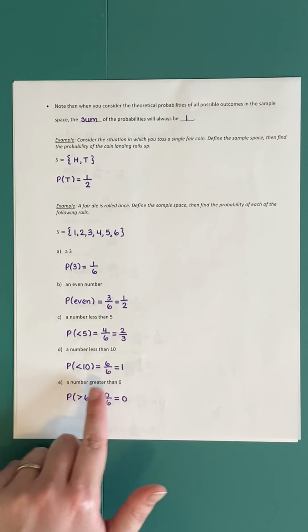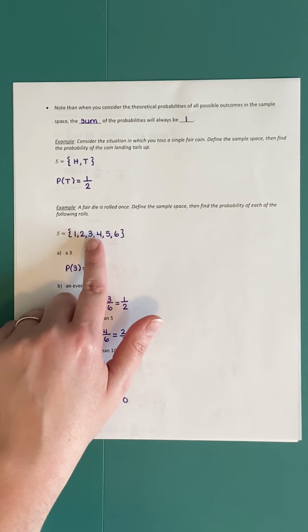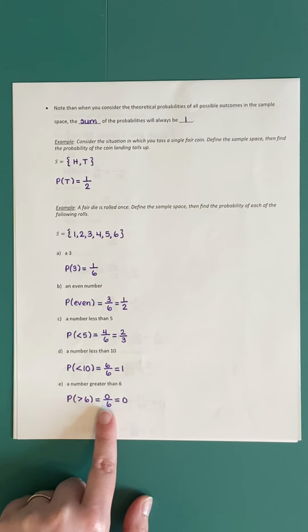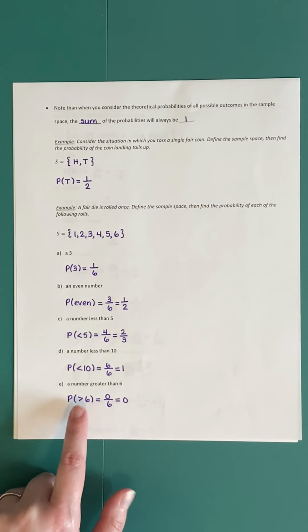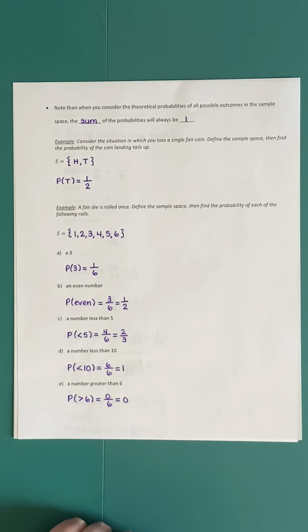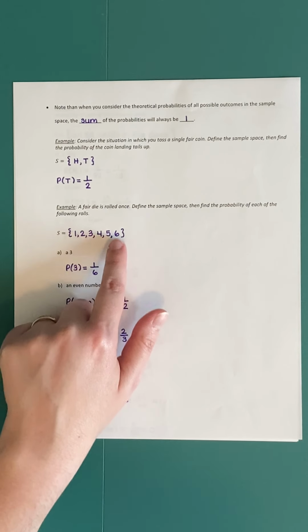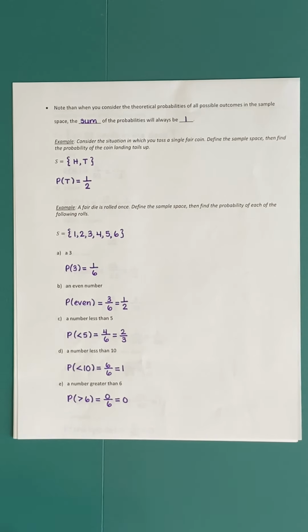Now, what about rolling a number greater than 6? Okay, so again, go back to the definition. Sample space has 6 elements, so the denominator is going to be 6. Now, how many outcomes represent rolling a number that is greater than 6? Well, we can roll a 1, a 2, a 3, a 4, a 5, and a 6. None of those outcomes represent a number that is greater than 6.